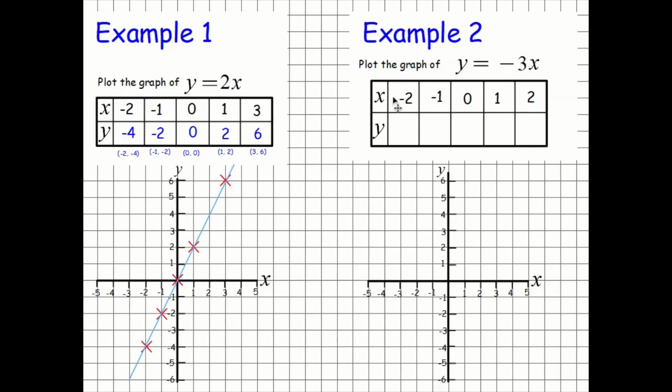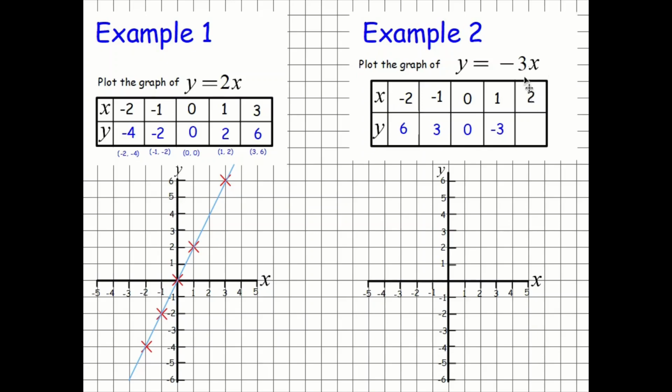Now if x is minus 2, I've got to do minus 3 multiplied by minus 2, which is positive 6. Minus 1 multiplied by minus 3 is positive 3. Minus 3 multiplied by 0 is just 0. Anything multiplied by 0 is 0. Minus 3 multiplied by 1 is minus 3.